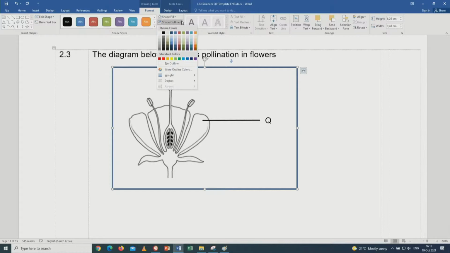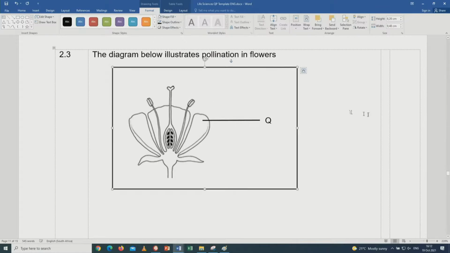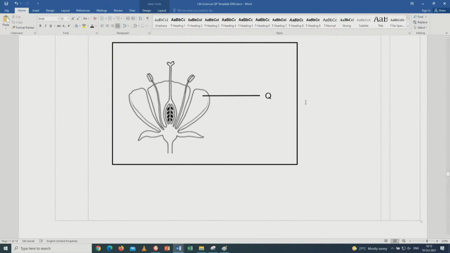And the outline, remember, it's black, and the weighting is 1.5 again. Now I have a frame around it, as we see it in papers, but it still needs to be grouped with the rest. So at least I should be able to group my frame with my flower.